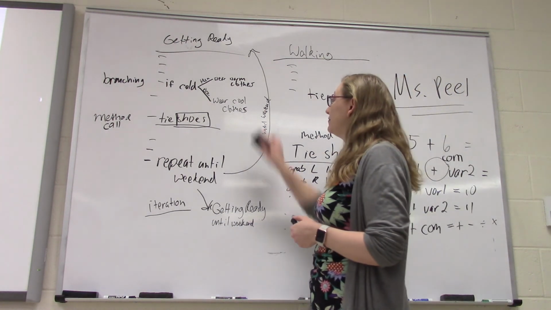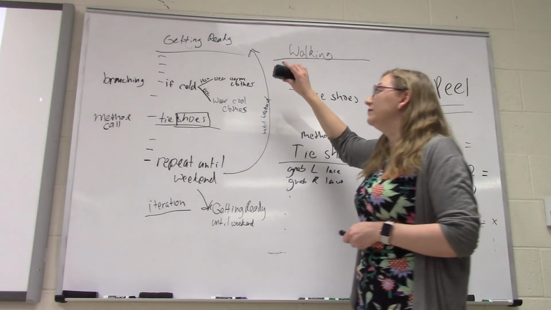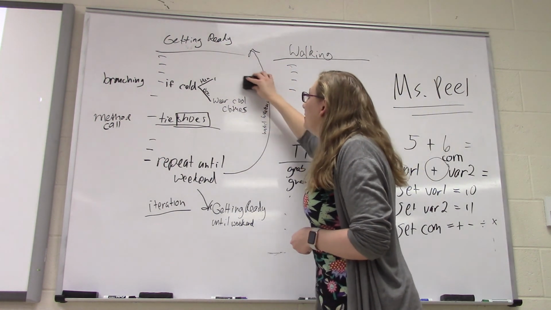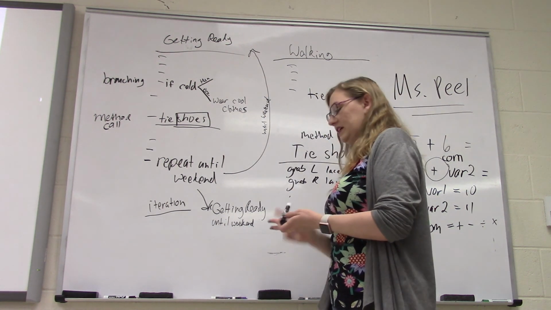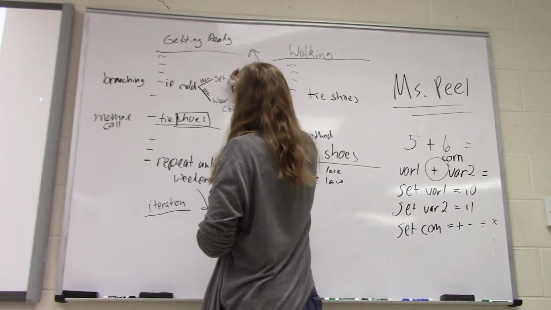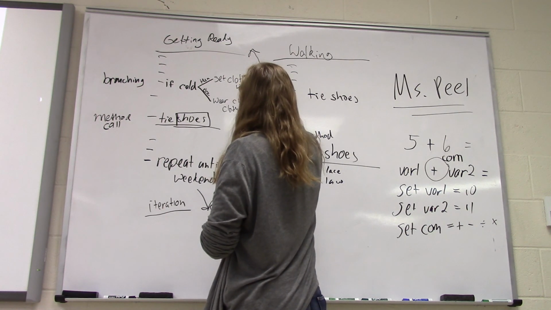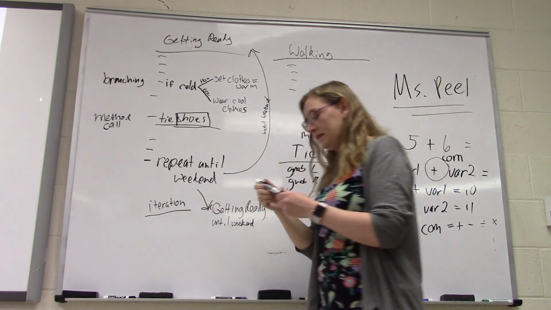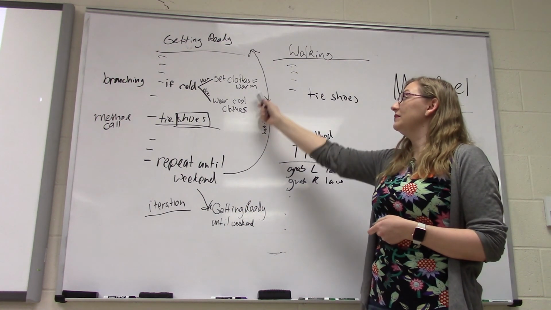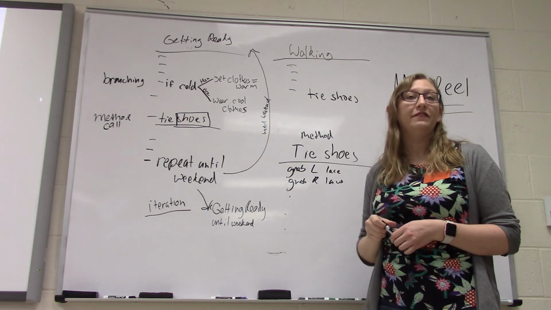Alright, so we have wear warm clothes and wear cool clothes. So if we wanted to really make these variables, we could, instead of say wear warm clothes, we could say set clothes equal to warm. Okay? So again, just a couple different ways to set that value of the variables.